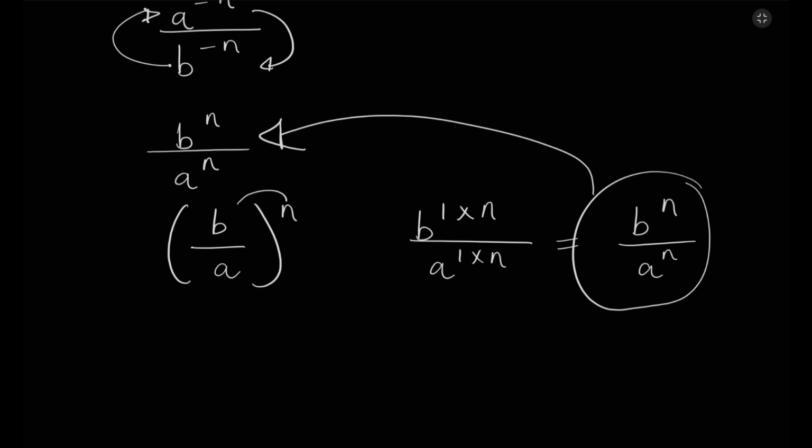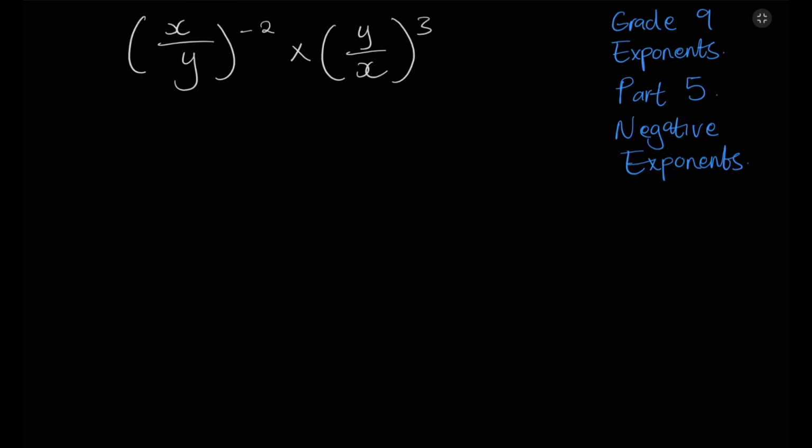Now let's try another one. Now let's try x over y raised to the power negative 2 times y over x to the power 3. So we can try to change this negative exponent and make it positive. Let's distribute this if you want to see all the steps.